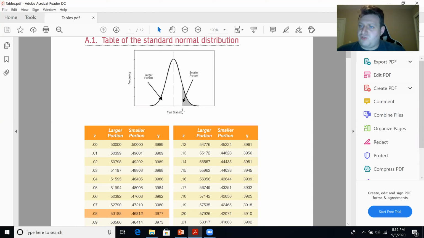If we have a z-score of 0.40, it's to the right, because remember, the mean of the z-score is 0. So the smaller portion is going to be the proportion of people that score above that z-score, and the larger portion is going to be the proportion of people that score below that z-score.